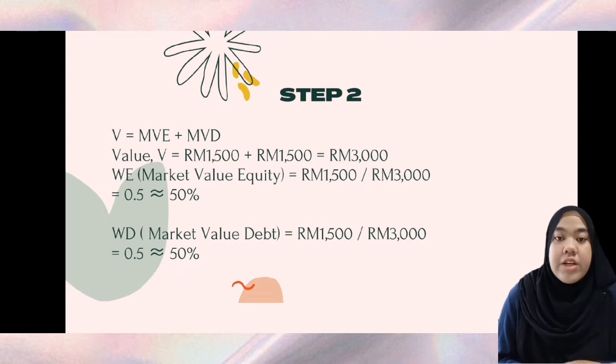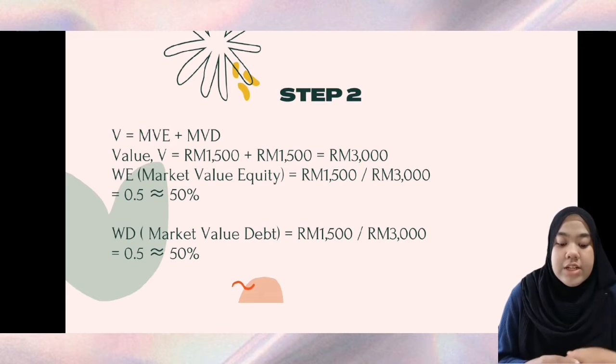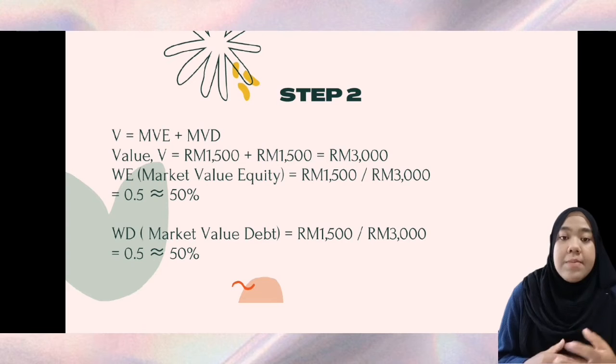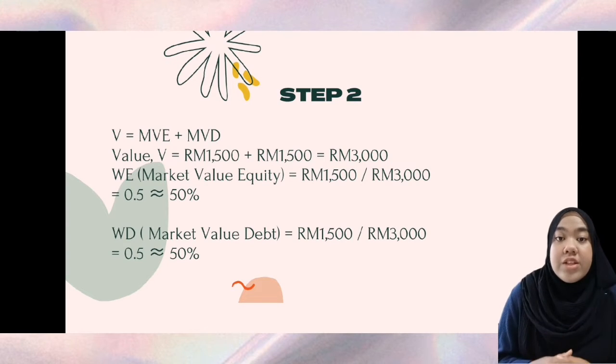For V we got 3,000, and WE is equal to 0.5, or in percent 50%. For the second, WD, which is the market value debt, the formula is the same as the market value equity: 1,500 divided by 3,000 equals 0.5, in percentage 50%.